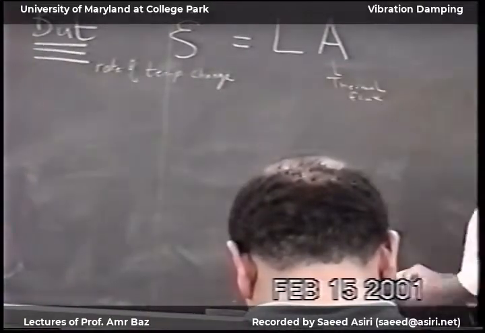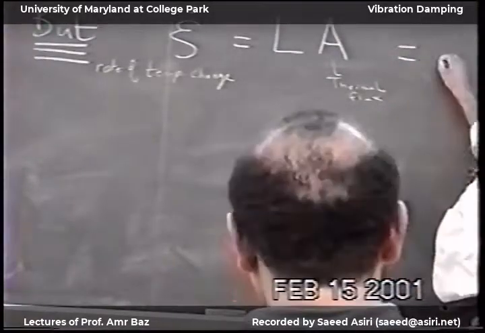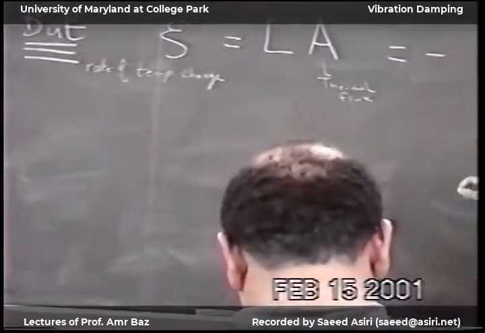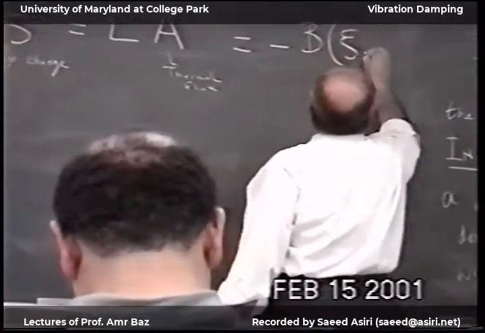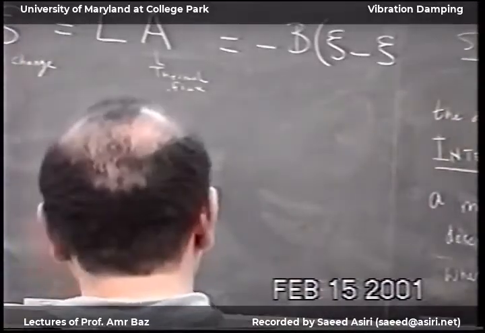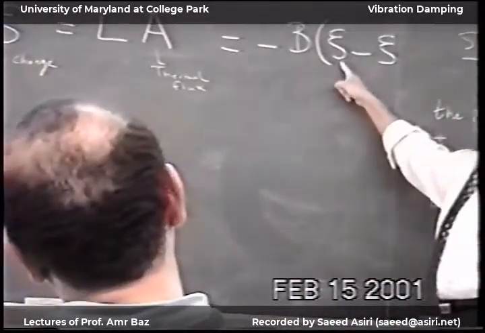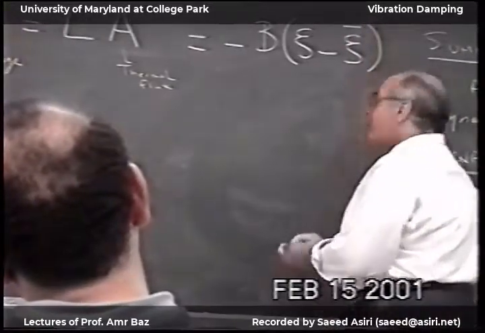And I know also that the rate of thermal flux is in the opposite direction of the temperature difference. The temperature difference, I'm going to say, is the difference from an equilibrium temperature.